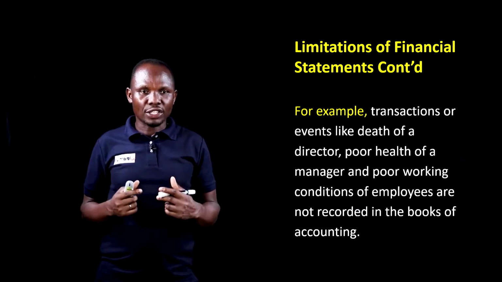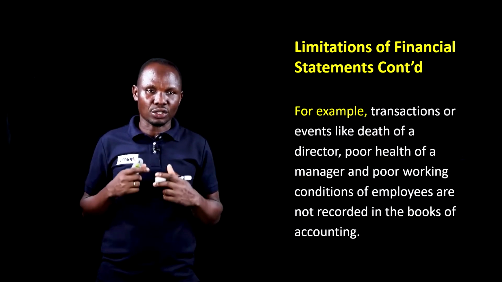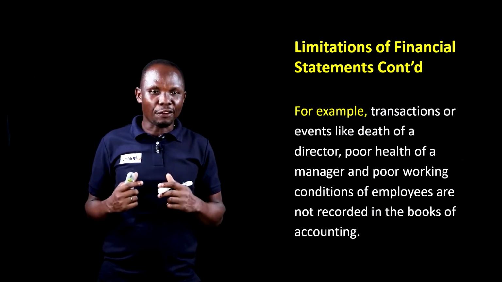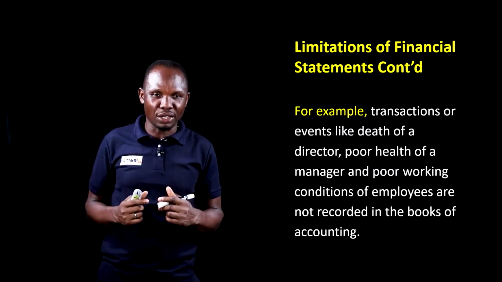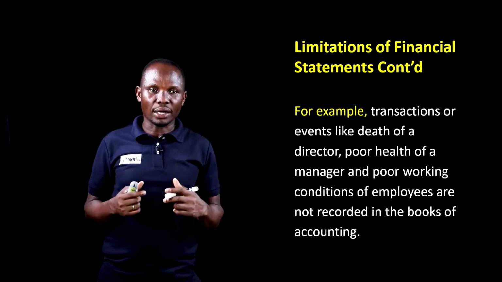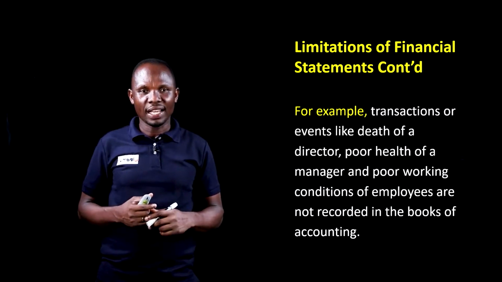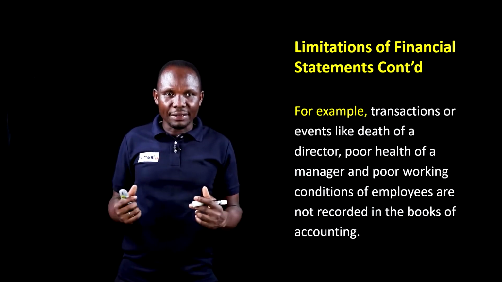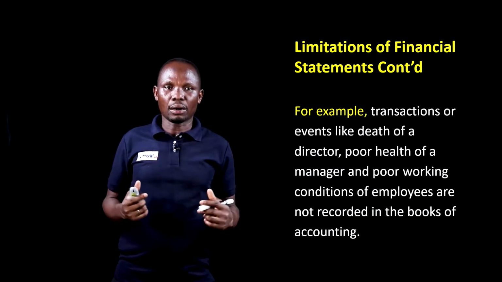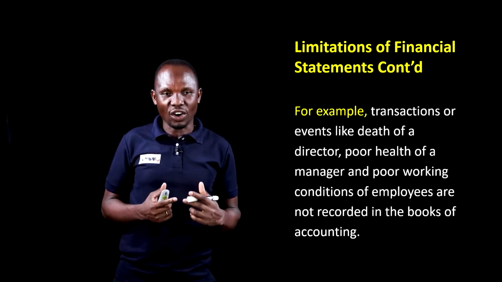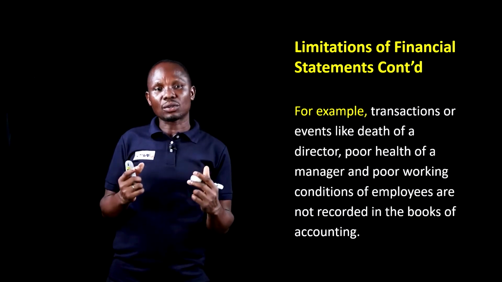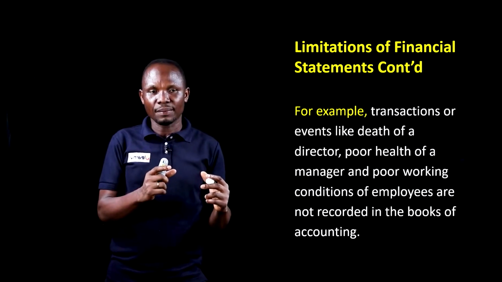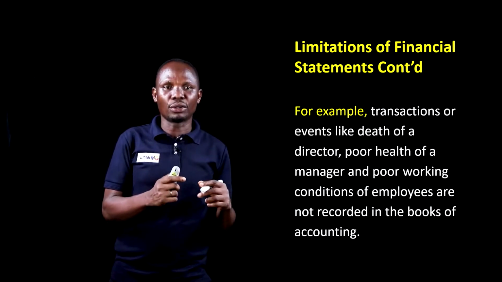This information is very critical for the survival of the organization. But because this information cannot be quantified in monetary terms, they are not recorded in the books of accounting. Accounting, therefore, does not give us a complete picture of what is happening in the organization. It gives us only a partial picture, only those transactions which can be quantified in monetary terms.